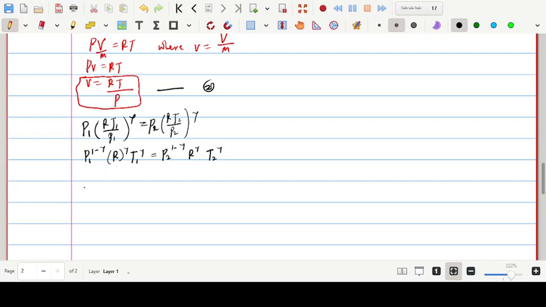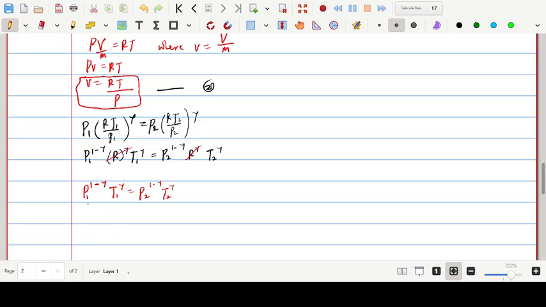So here we can finally have P1 raised to power 1 minus gamma, then T1^gamma equals, exactly what I'm saying is this cancels this, P2 raised to power 1 minus gamma, then T2^gamma.